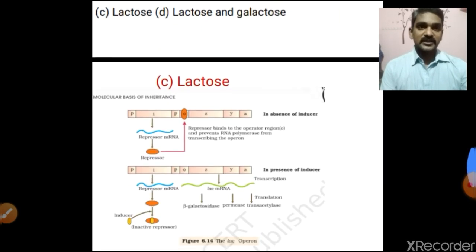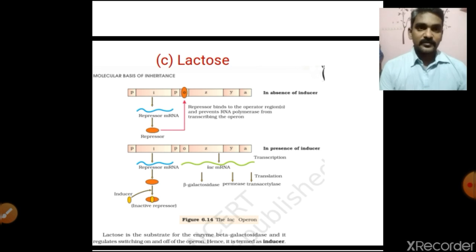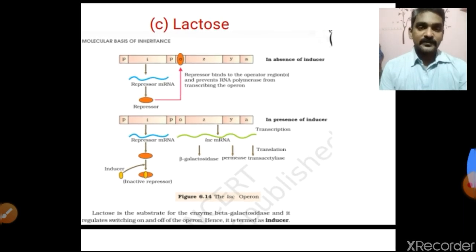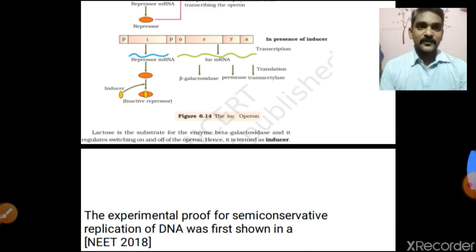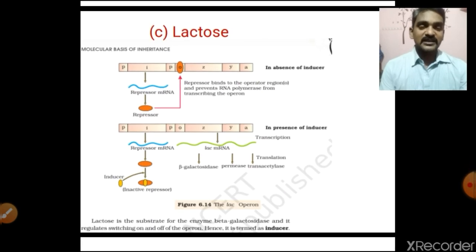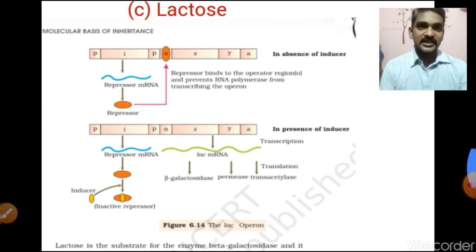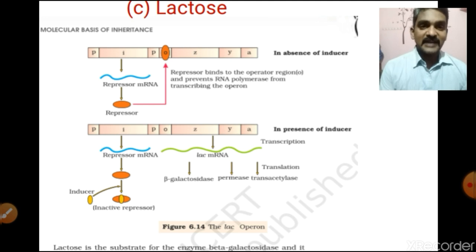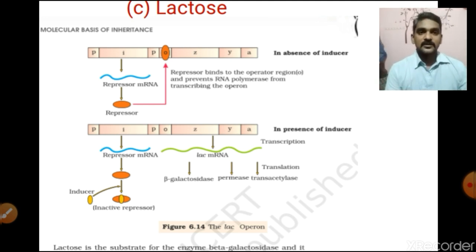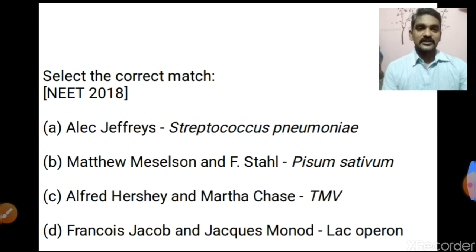You can see here, operator is there, promoter is there, repressor is there. So repressor, operator, promoter, all those things are there, whereas you cannot find an enhancer in the structure of the lac operon. So the answer will be enhancer.